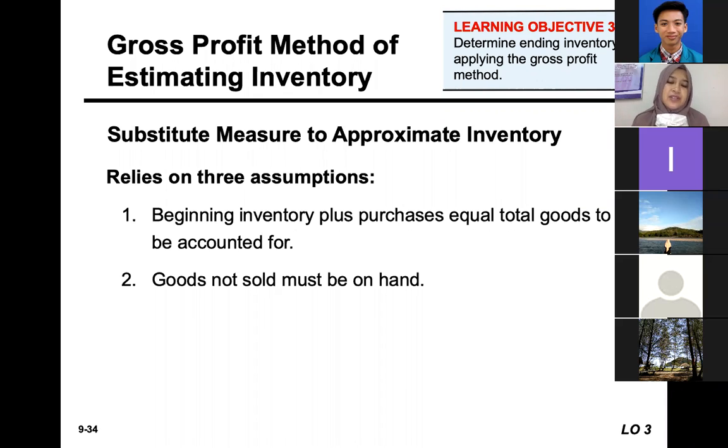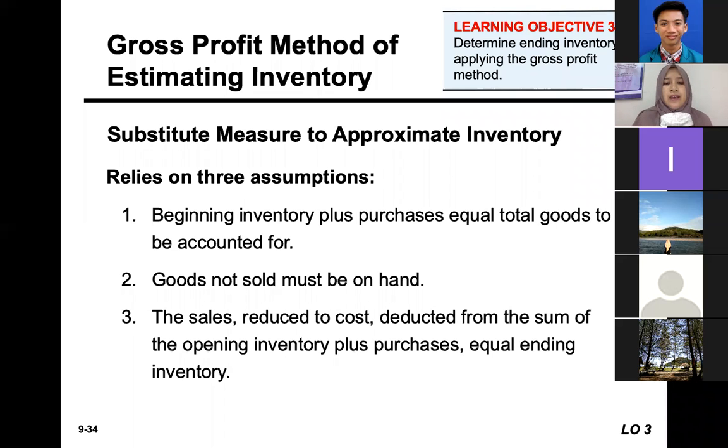And then the sales reduced to the cost amount, this is actually the cost of goods sold, is deducted from the sum of the opening inventory plus purchases, and it will give us the ending inventory.